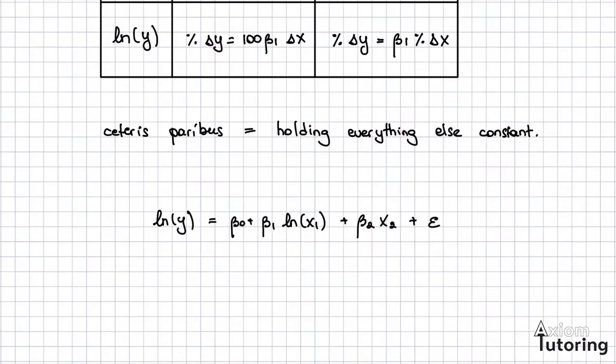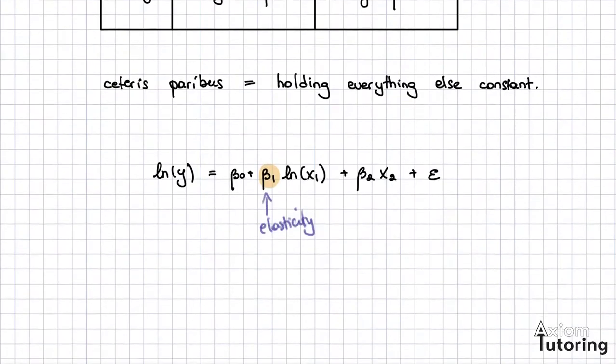If we look at the beta 1 here, that beta 1 is still an elasticity, okay? It's just that the interpretation is going to be a partial elasticity. The reason for that is that now we have that x2, which we have to take into consideration. So how does the definition change in that case? How do we write the full sentence?